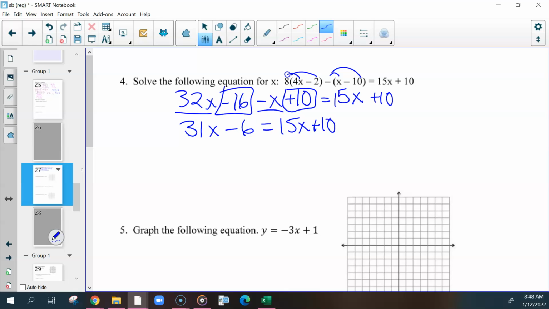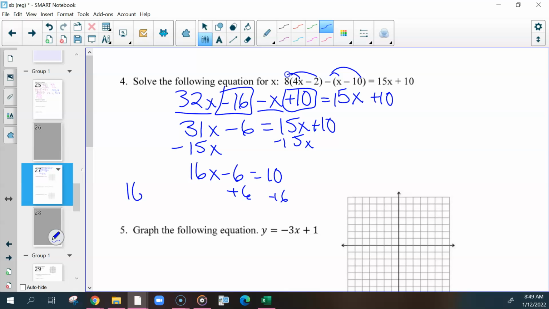Looking at just this, I can tell that we're going to have one solution because the constants aren't the same, neither are the coefficients. And then we can pick whatever we want to move. Let's say we move the 15x first. And then add 6 to both sides.